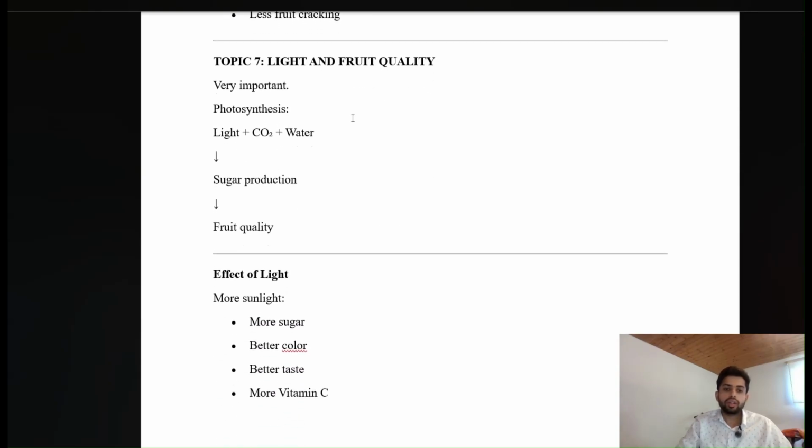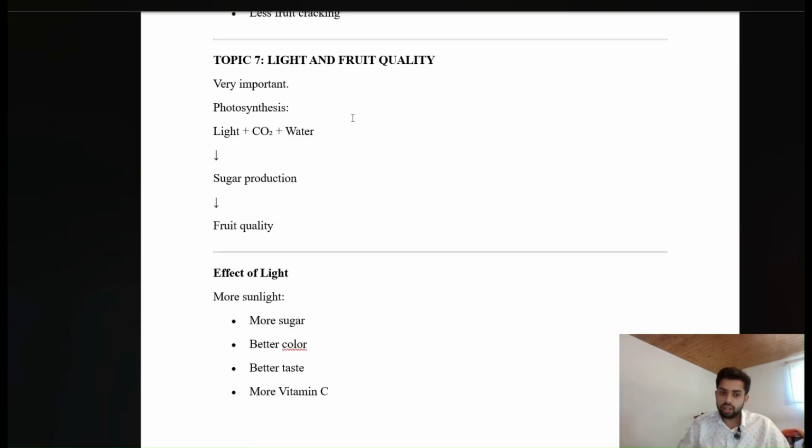Our next topic is light and fruit quality, and it is the most important because photosynthesis is the most important process in a plant. If the plant gets good light, CO2, and water, then sugar production is very good, and the fruit quality will be very nice. For example, if an apple is more red, it means it has a good sugar level.